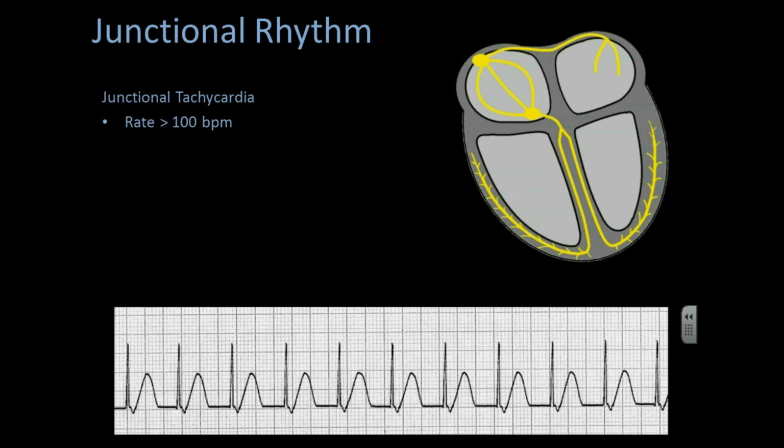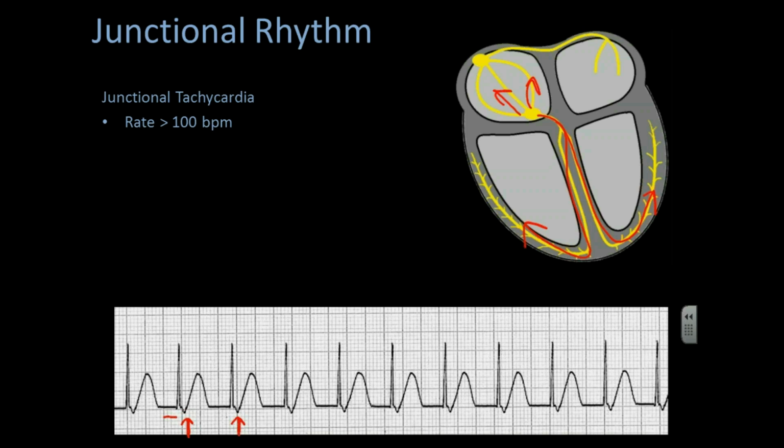If you look closely, you don't see anything in front of the QRS, but you can see what looks like retrograde P waves afterwards. So this is an example of junctional rhythm with a retrograde P wave. So ventricular depolarization is happening just slightly before atrial depolarization.